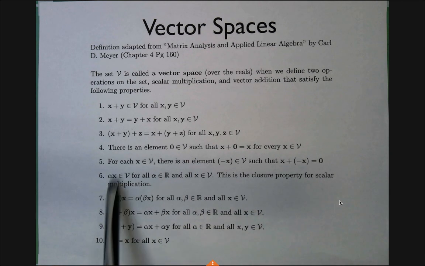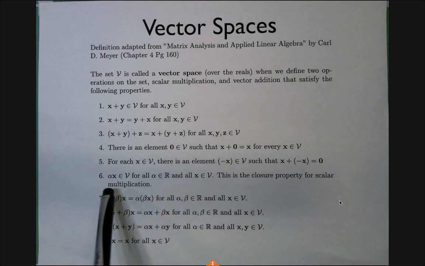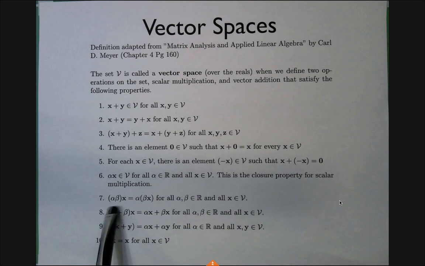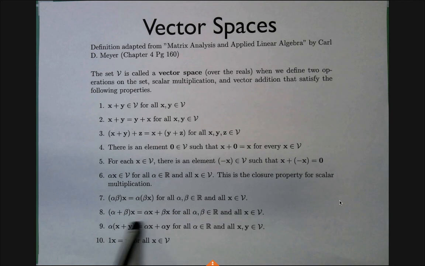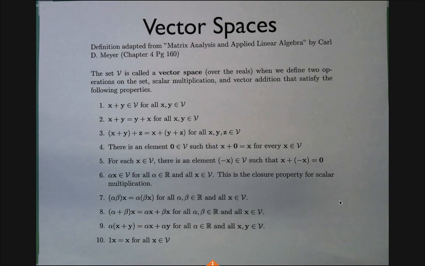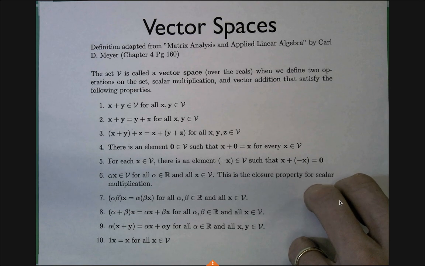And then the final 5 properties are about scalar multiplication, right? Again, it's closed, the order doesn't matter, it's associative, it distributes with respect to addition of scalars and with respect to addition of vectors. And there is one which doesn't do anything.